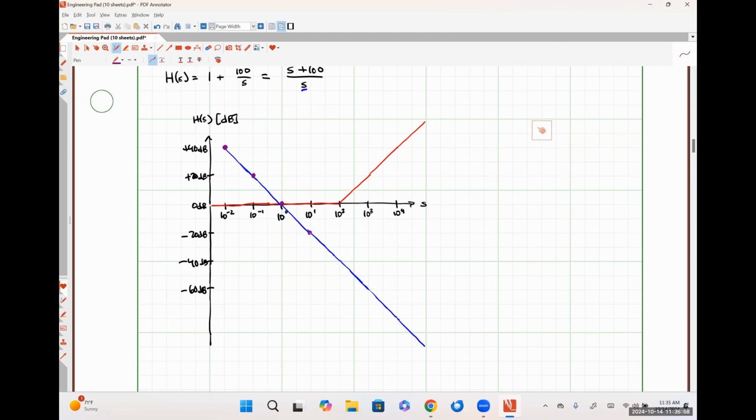And right here, I have 0 plus -40, looks like -40. Now things are about to get interesting, right? So right here at 10 to the 3, I have positive 20 dB and I have negative 60 dB. So this is going to look like negative 40 dB again. And effectively what we're going to see is that this positive 20 dB per decade slope here cancels out this negative 20 dB per decade slope here. So everywhere beyond this point is just going to be flat.